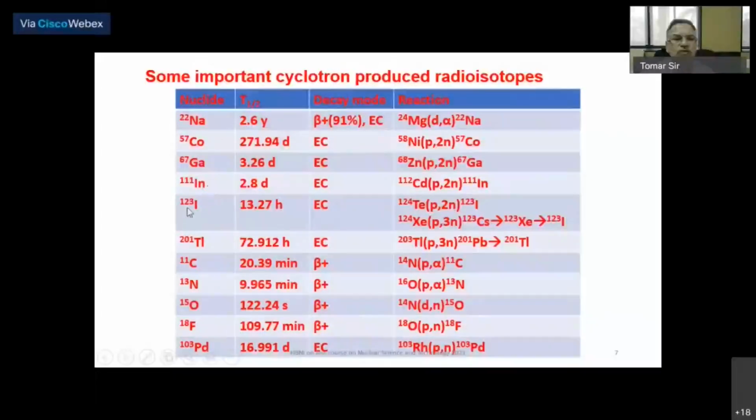Gallium-67, indium-111, iodine-123, thallium-201, and these are the PET isotopes: carbon-11, nitrogen-13, oxygen-15, and F18, and palladium-103. So there are many more. These are the half-lives, the mode of decay, and the reaction that is used to produce these isotopes.